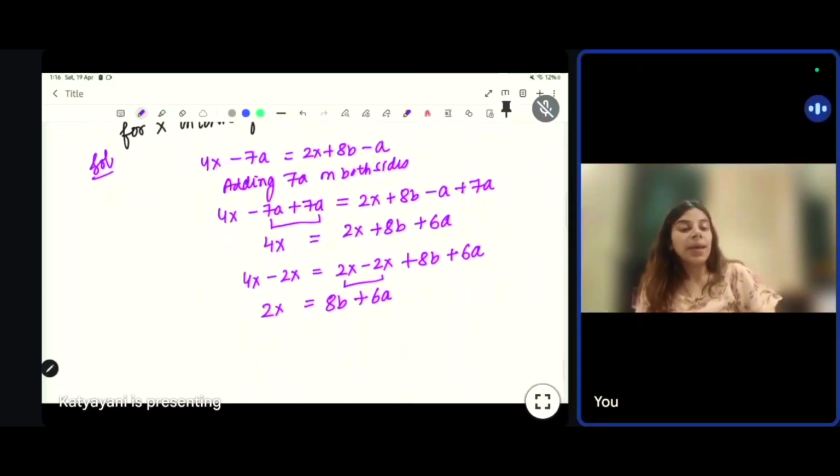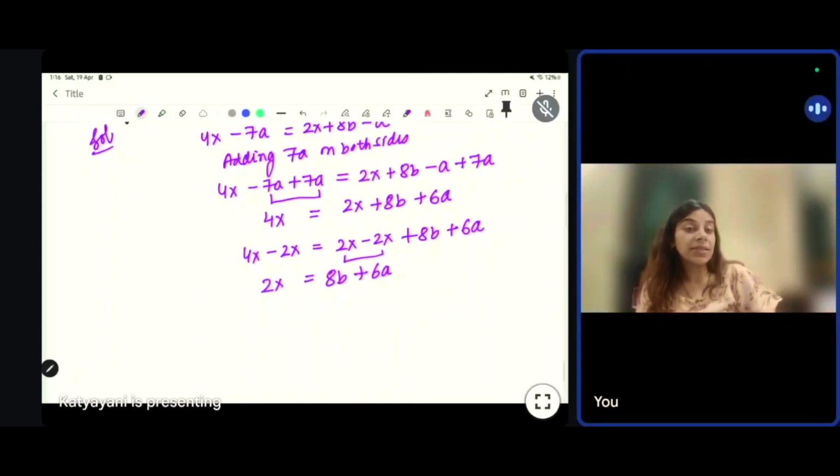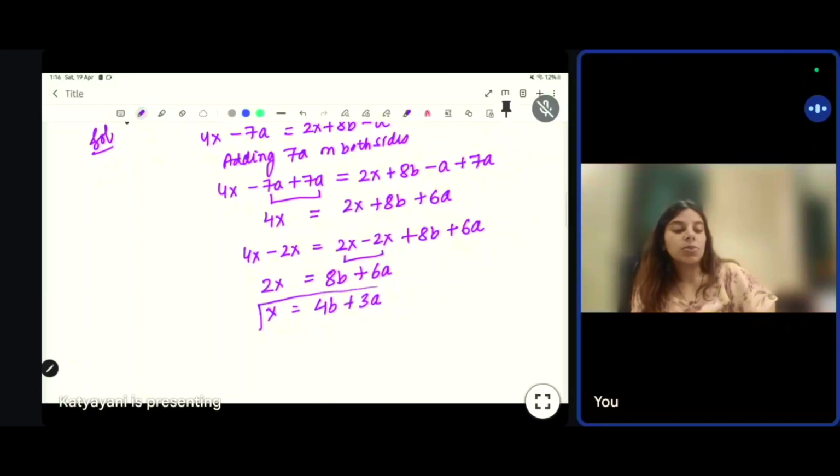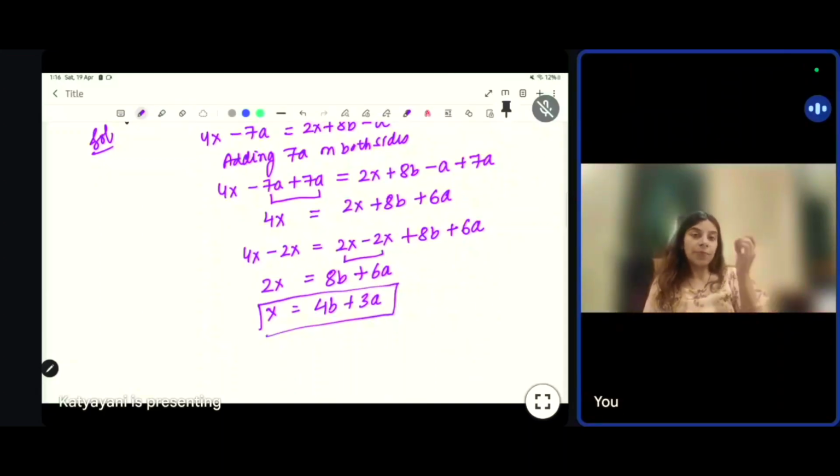Now I can multiply this by a scalar 1 by 2, so that I only have x on the LHS. So I would get x is equal to, multiplying by 1 by 2, I get this as 4b and this as 3a. So x would be equal to 4b plus 3a. So this is how I can solve for my vector x in terms of vectors b and a.